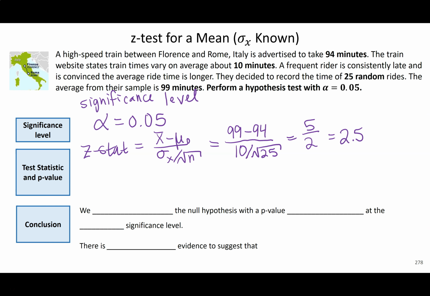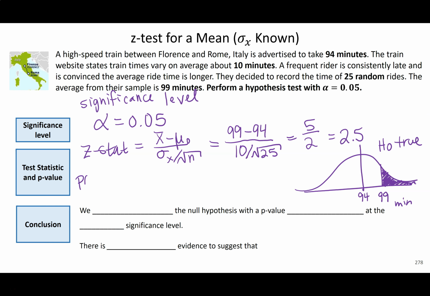So, things to consider. If the null is true, it's going to be centered at 94, as claimed. And then we observed 99. So our p-value should be for 99 or higher.